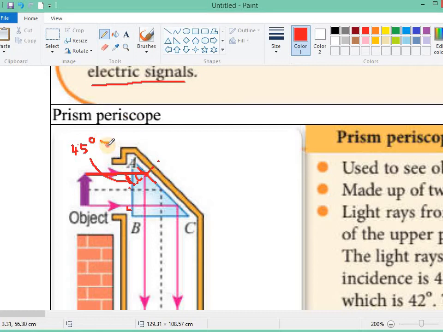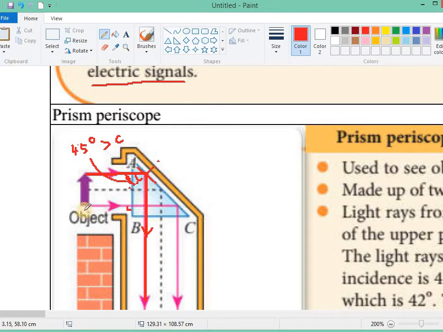So that means it is bigger than the critical angle. The critical angle is 42 degrees. So if it is greater than the critical angle, the light will be totally internally reflected.